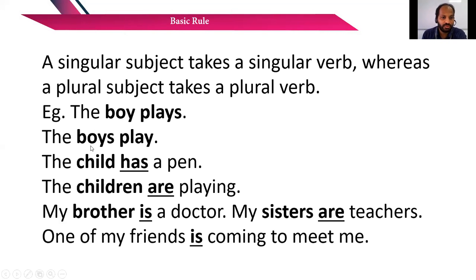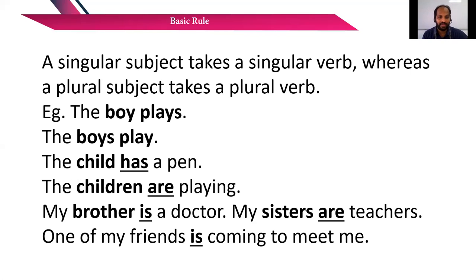But once it comes to the boys, play. We have seen earlier when we studied tenses that in simple present tense, when we have a third person singular subject, we have to use s or es. So the boy plays, and the boys play.